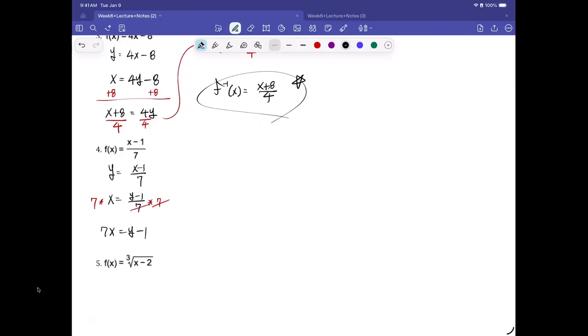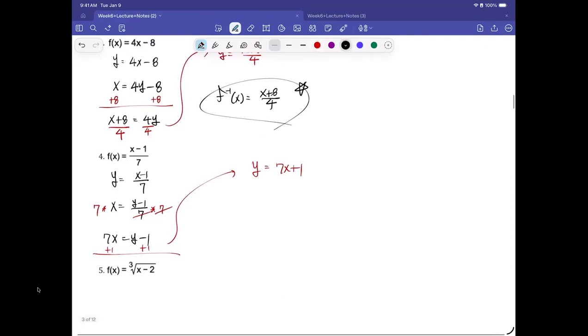So now 7 is gone, and then I'm going to add 1. Then y is going to be 7x plus 1. If you have a fraction, just multiply by the denominator, left to right. And then now you can answer the question. So the f inverse of x is equal to 7x plus 1.